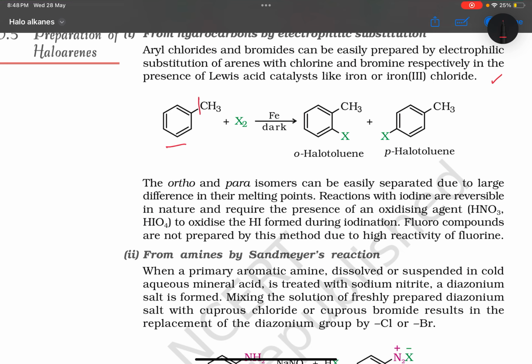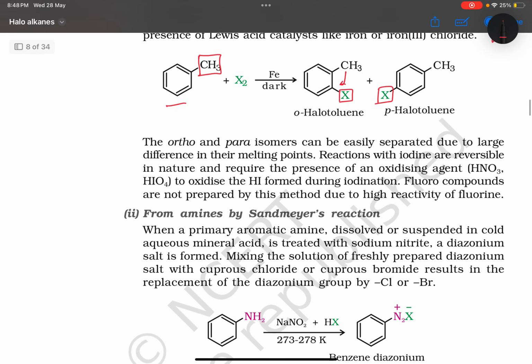This CH3 group is an ortho-para directing group, so the halogen will come at the ortho place or at the para place. The ortho and para isomers can be easily separated due to large difference in their melting points. Reactions with iodine are reversible in nature and require the presence of an oxidizing agent like HNO3 or HIO4 to oxidize the HI formed during iodination. Fluoro compounds are not prepared by this method due to high reactivity of fluorine.